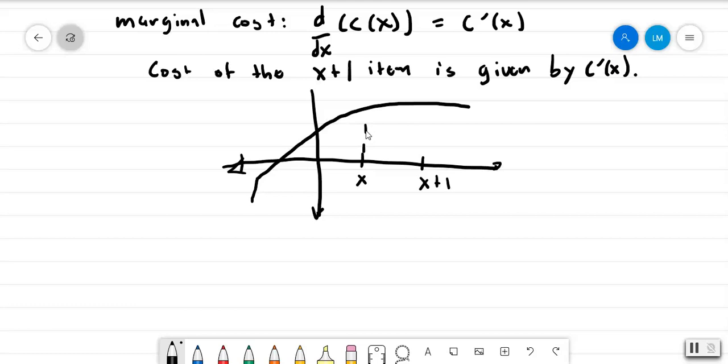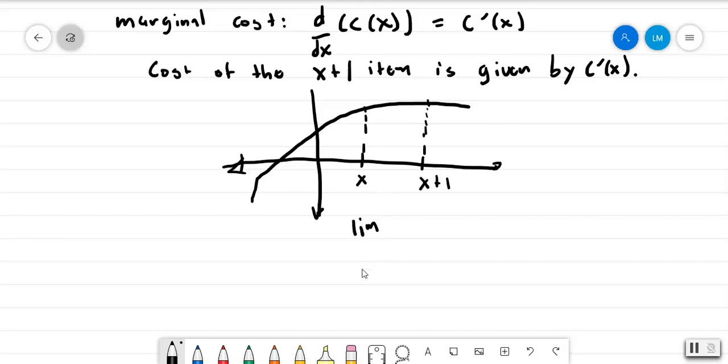Then if you're going to use the definition, you have the limit, let me see. You're trying to find the cost of the x plus 1th item.